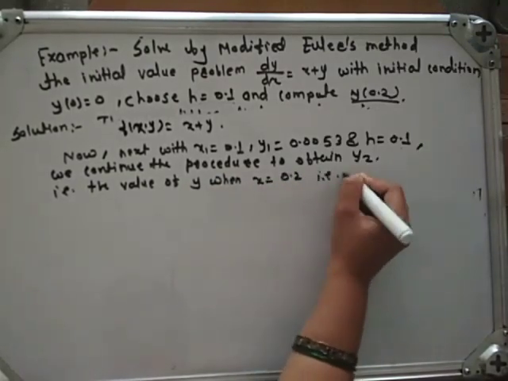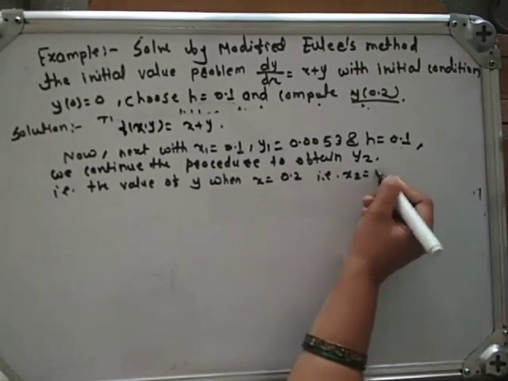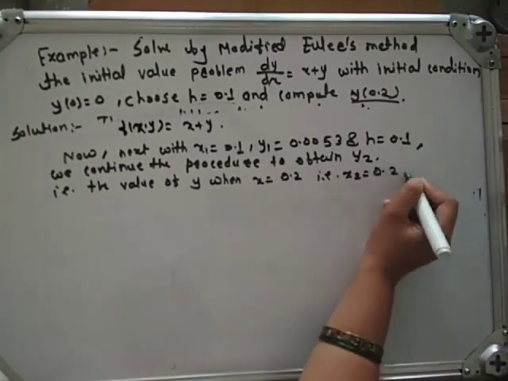That is the value of y when x2 is equal to 0.2.